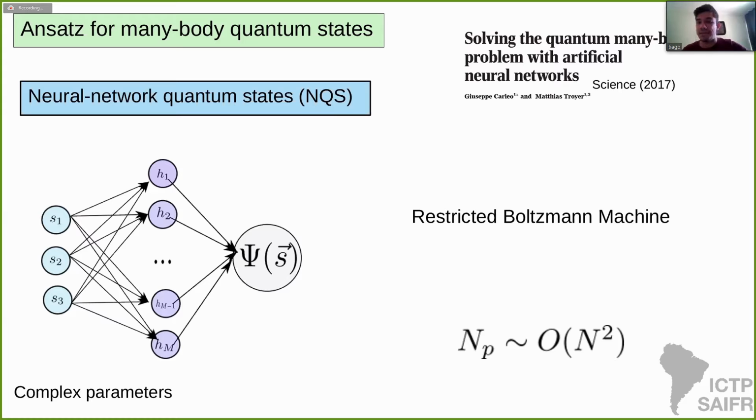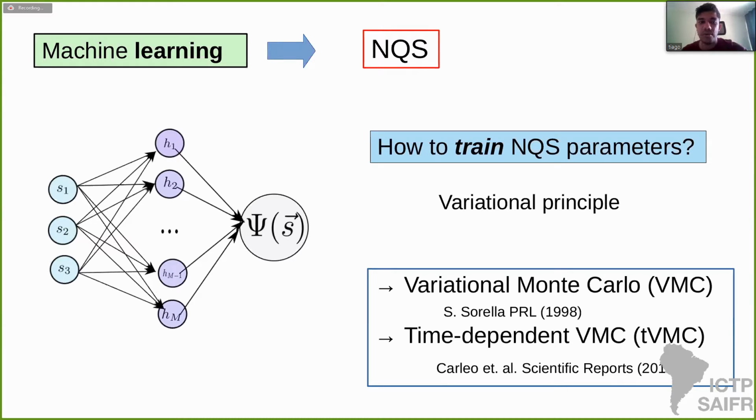But now the key question, which is the answer to your question, is how to set up my neural network, how to determine this set of parameters. This is what people in the machine learning community call training. How do I train my neural network in order to make this function like the wave function, right?